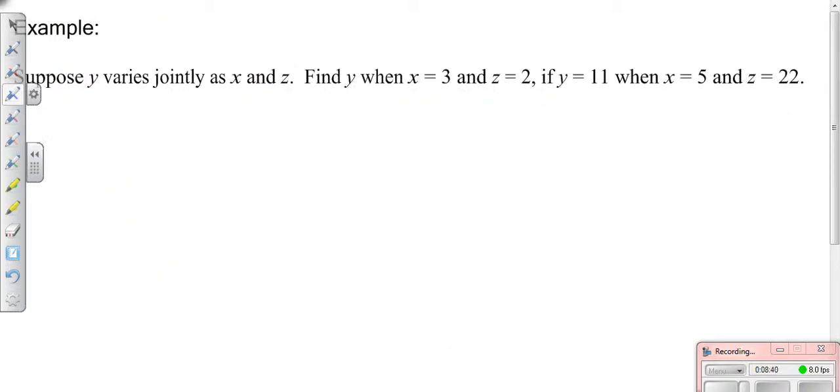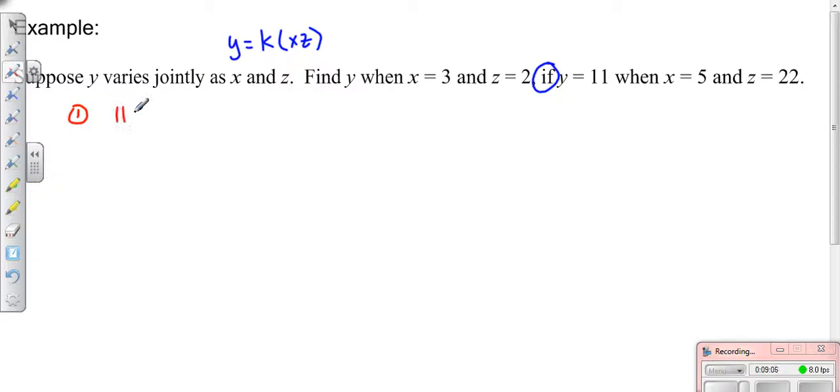So suppose that y varies jointly as x and z in this situation. Find y when x equals 3 and z equals 2 if, here's where I start, y equals 11 when x equals 5 and z equals 22. So again, I'm varying jointly, so this is my starting point. So I'm going to go ahead and use my given.